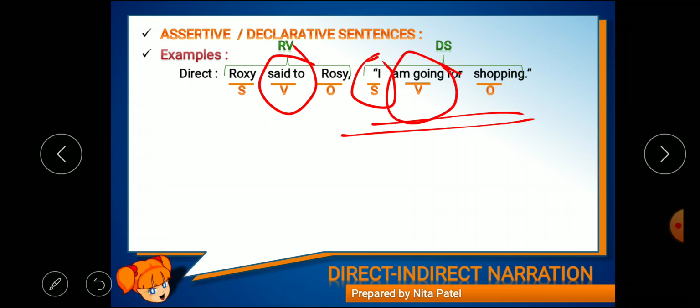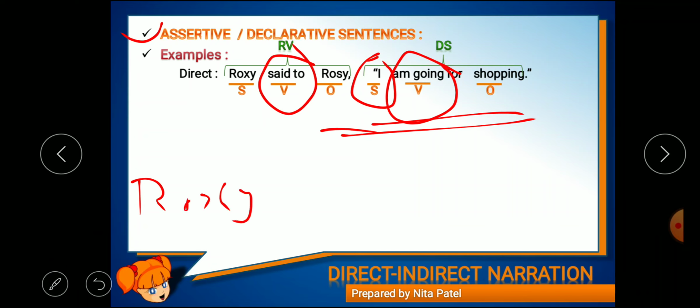And the sentence here is an assertive sentence, which I have already mentioned, but in the exam it won't be given. So you have to look for the sentence pattern, which kind of sentence is used. It is assertive, so that's it. Now we have marked that we have to change these 3 things. So how will it convert? First, Roxy will remain the same, no change in it.